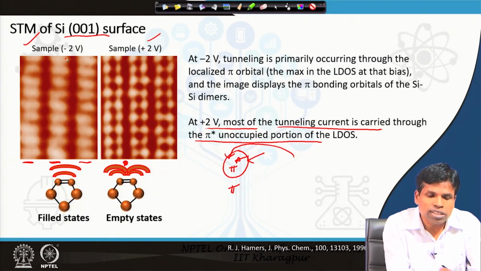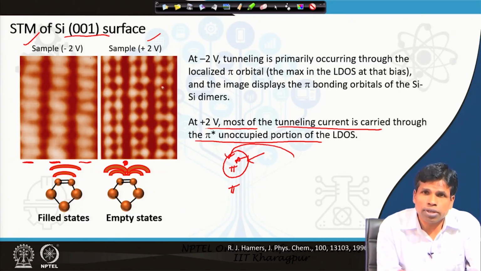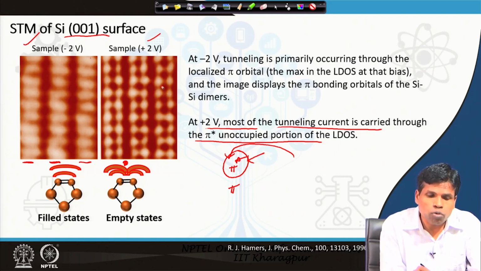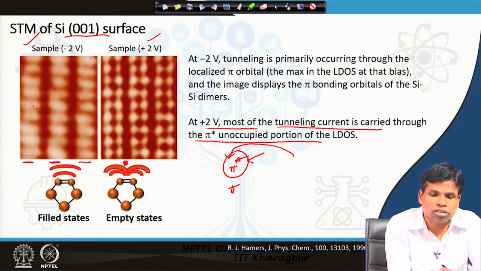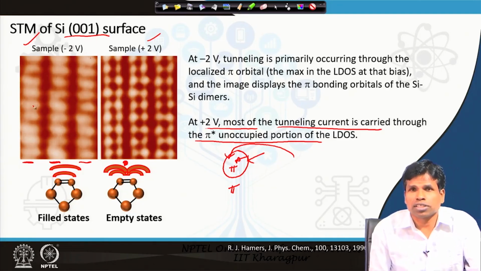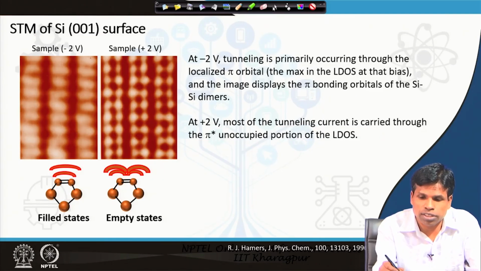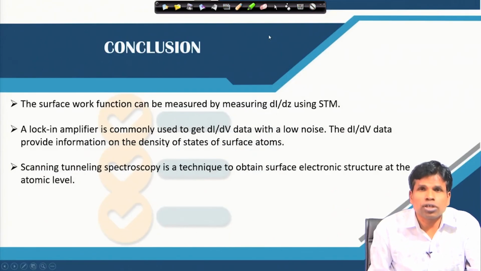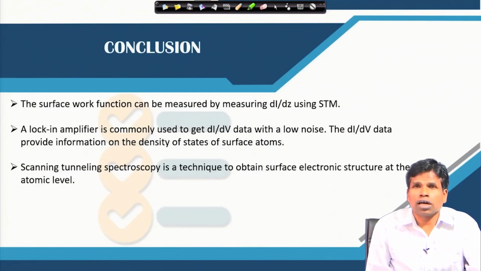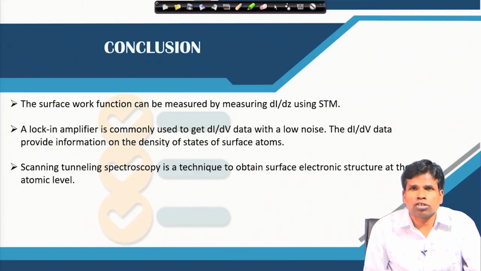So, in this way the sample is the same, the surface is the same, but now we are getting how the unoccupied states and occupied states are arranged on the surface atoms by changing the polarity of the bias voltage. So, in conclusion, scanning tunneling spectroscopy is used for getting the surface electronic structure of the sample.